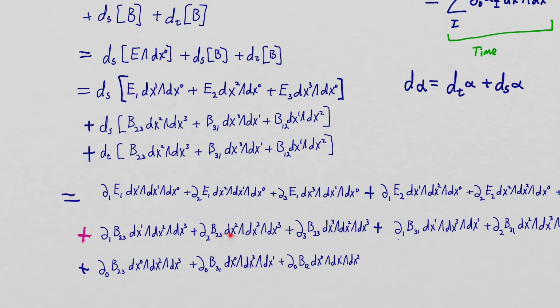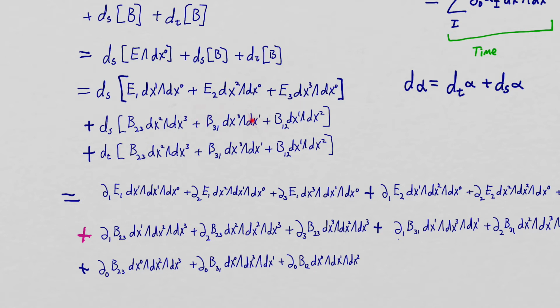So for the magnetic field, we lose 2 of the 3, which makes perfect sense, right? We're taking the spatial exterior derivative of something that's already fully spatial. So there's only one more spatial variable we can add for this term, and that's dx1. So only the dx1 term will survive. So those two will go away.